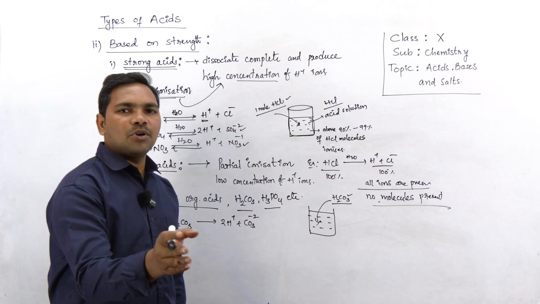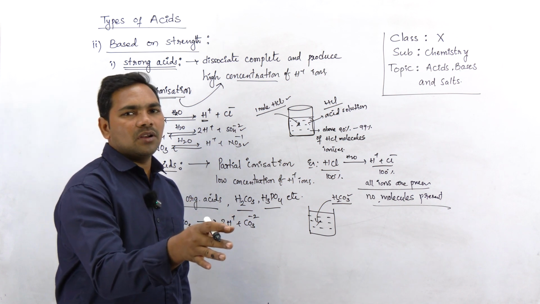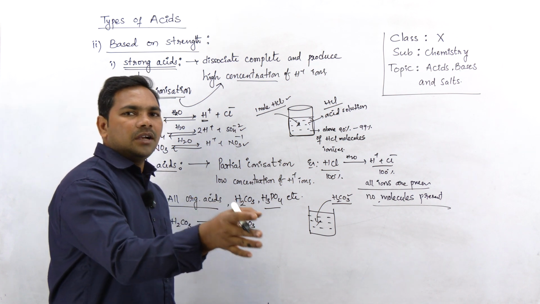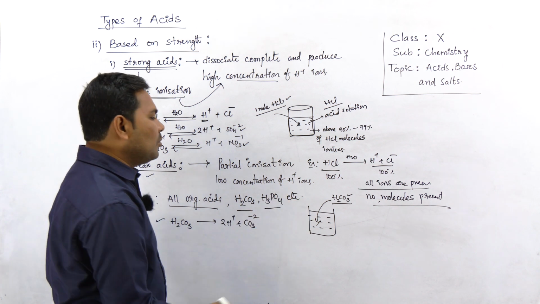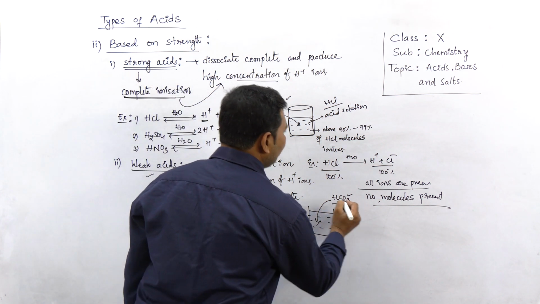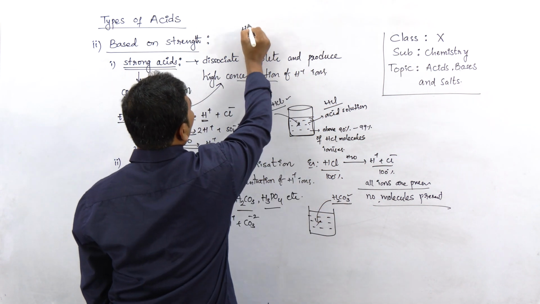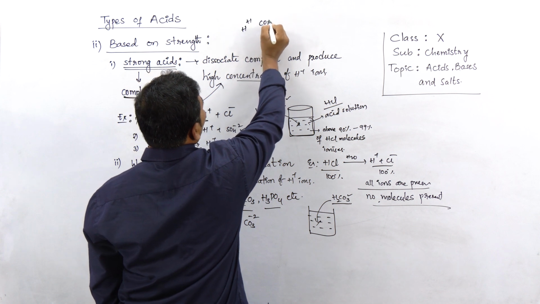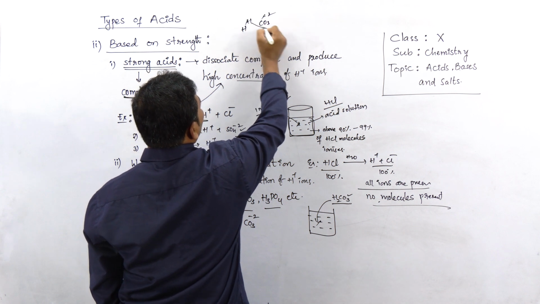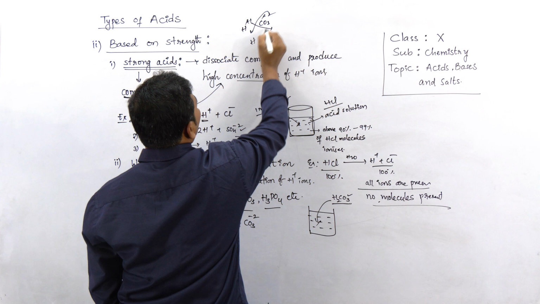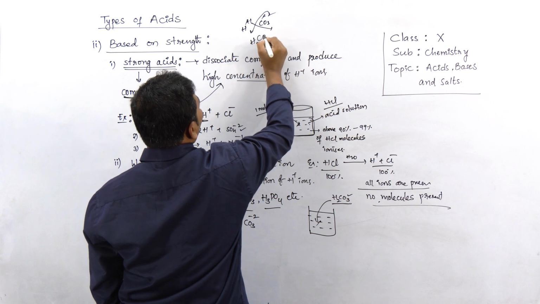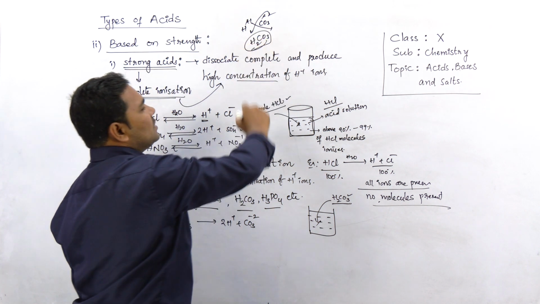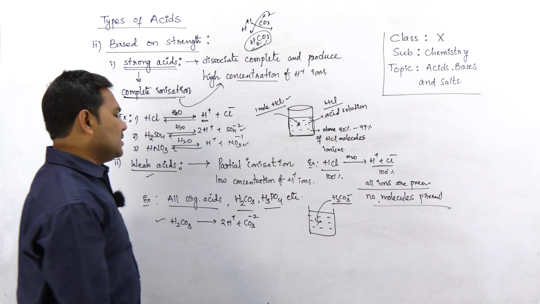Carbonic acid is produced from the carbonate ion. Carbonate ion added to hydrogen ions becomes carbonic acid, H2CO3. So we know, H+ 1, CO3 2-, crisscross the valencies: 2 comes here, 1 with CO3, so H2CO3 is the formula of carbonic acid.